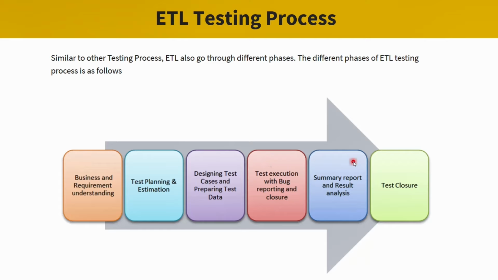After that, we need to present our summary report in front of our QA manager. And at the last, this is how we close our testing activities, after validating and verifying each and every business rule and transformation, so that everything is produced as per the expected results.